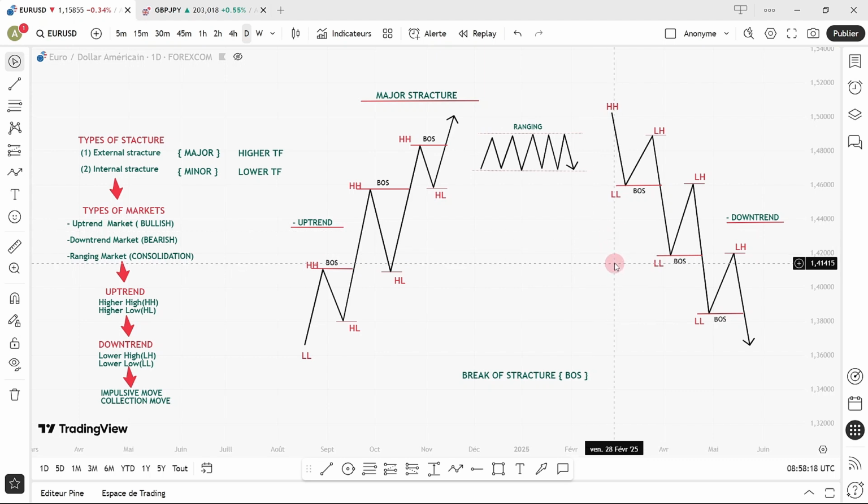Always try your best to align yourself on the winning side. If there are buyers who are taking over or dominating the prices and taking them further high, make sure you are looking for buying opportunities.